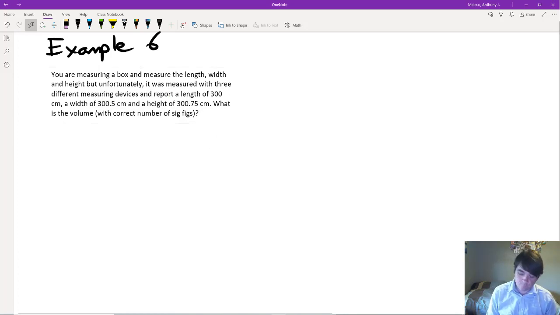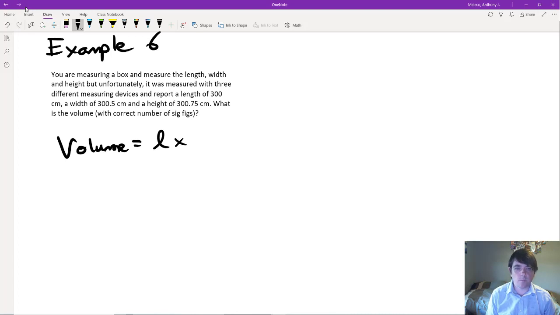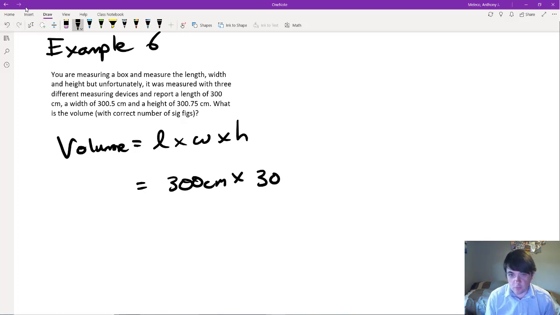So volume, if you guys remember how to calculate volume, in general is length, typically represented by script L, times width times height. You write that out. So we have 300 centimeters times 300.5 centimeters times 300.75 centimeters.